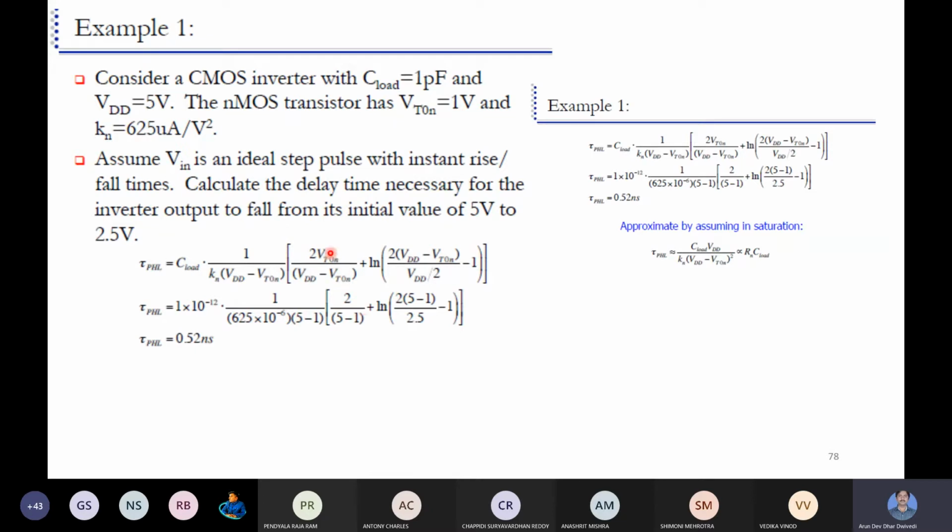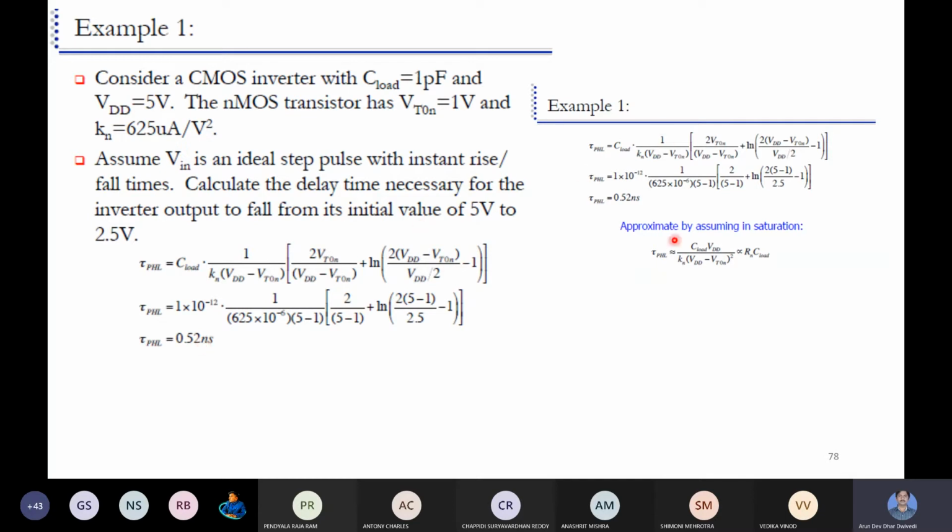Again 2 VT0n means 2 into 1, again VDD minus VT0n means 5 volt minus 1 volt, then plus ln of 2(VDD minus VT0n), 5 minus 1, divided by VDD by 2, meaning 2.5 minus 1. So all the parameters are given, and in this formula you can finally calculate the delay at the falling edge, meaning when output is falling from high to low. The delay when output is falling from high to low, TPHL, is 0.52 nanosecond.